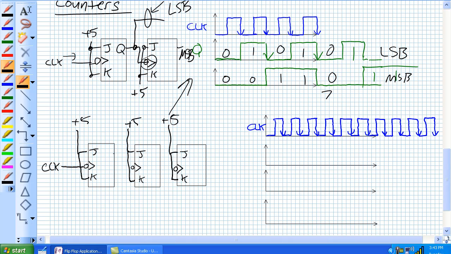So what's the output of this Q right there? Well, again, assuming it's 0 at the onset, it's going to be 0 and it's going to toggle at the negative edge. Toggle at the negative edge, and so on and so forth.